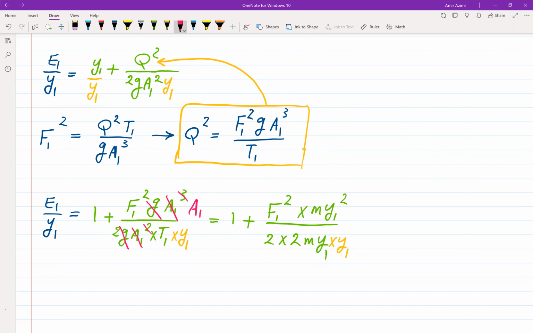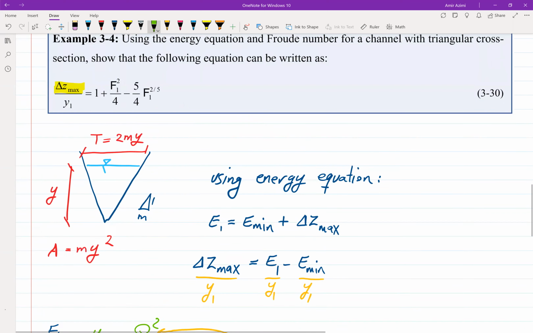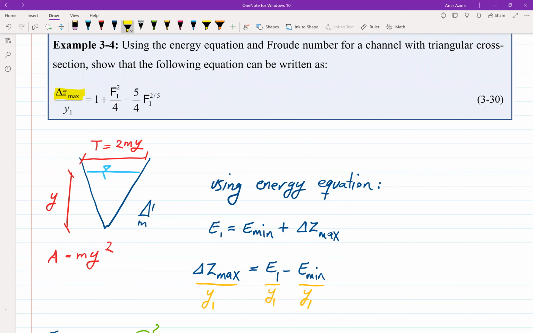Okay, so M and M cancels out, Y1 square and Y1 square cancels out. So what is left is 1 plus F1 square divided by 4. So you'll see that the first expression is now formed: 1 plus Froude square divided by 4.